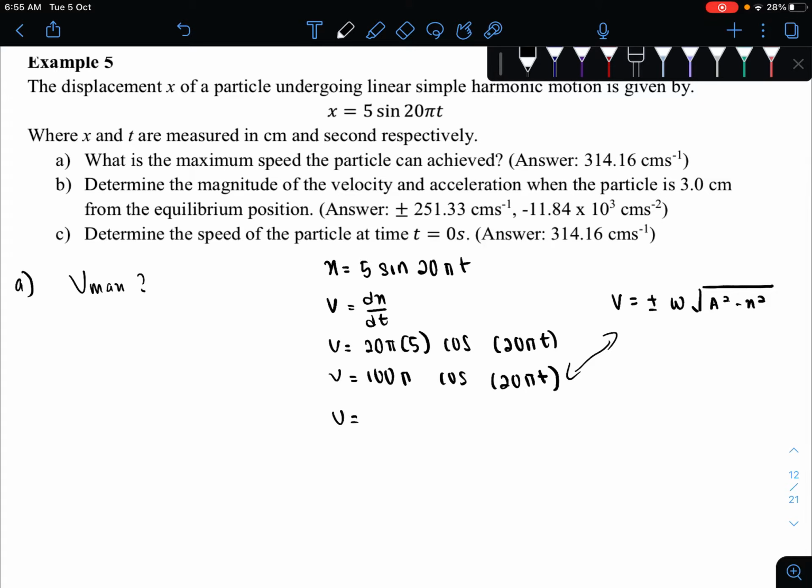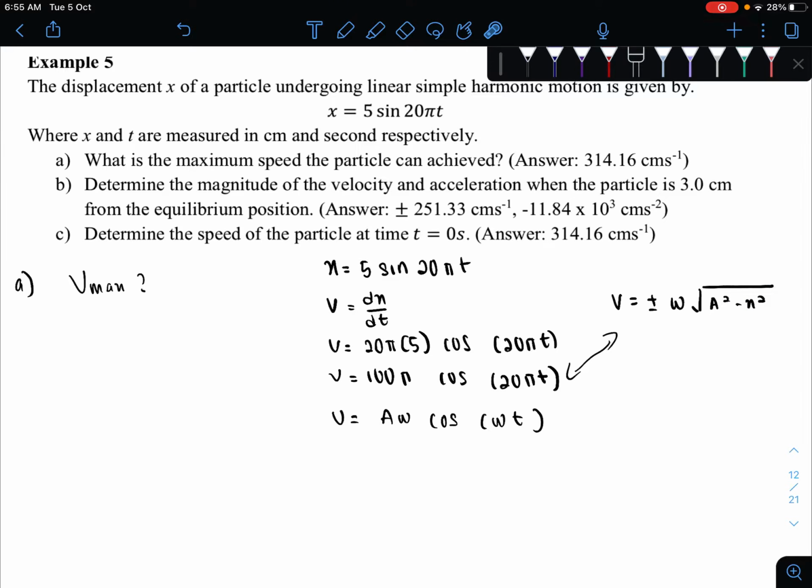Our general equation is v equals A omega cos omega t. So from here, I can deduce that my omega is 20 pi. This is our amplitude, because this is A omega, where omega was 20 pi. So A is 5.